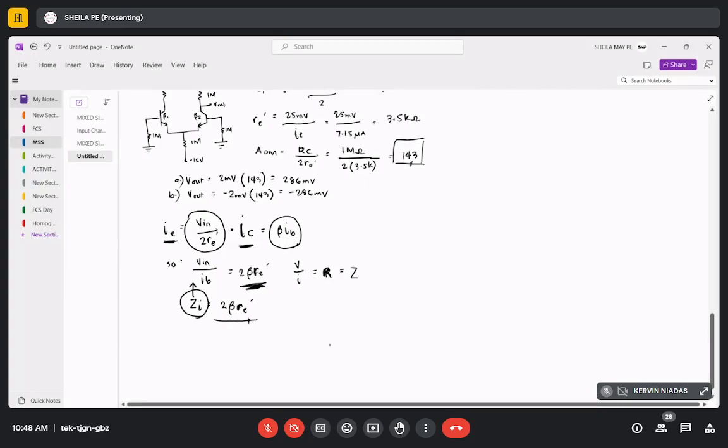Now in solving for number 2, sayop man ni.